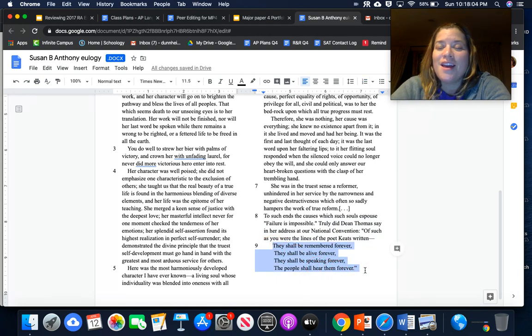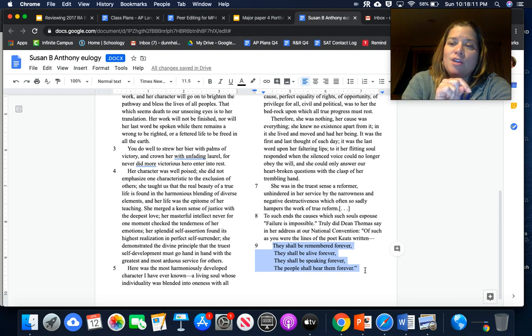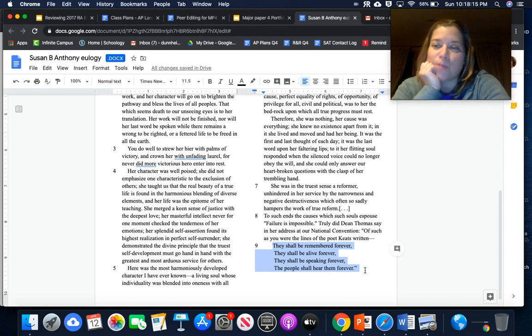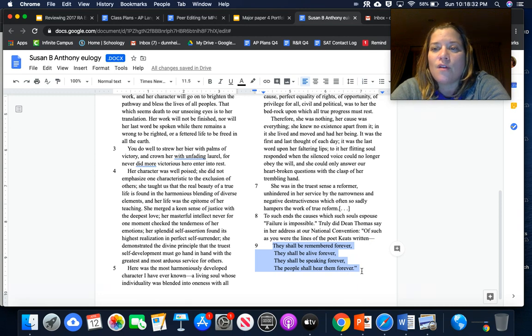It is another author's words that another speaker spoke about at a different occasion, that our speaker is using to help provide her message. So any strategies right here are not our speaker's strategies, but using someone else's words, who also used someone else's words, to describe the long-term effect of Susan B. Anthony is a strategy, and you can mark that down in your notes.